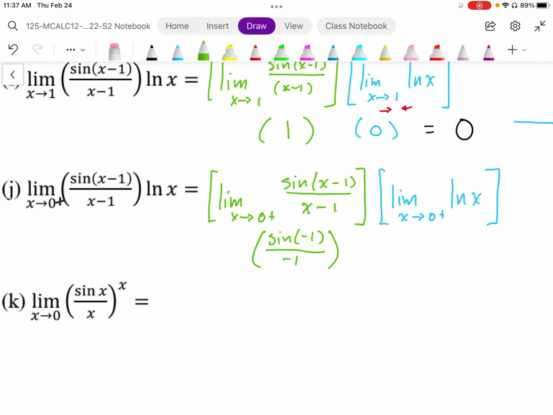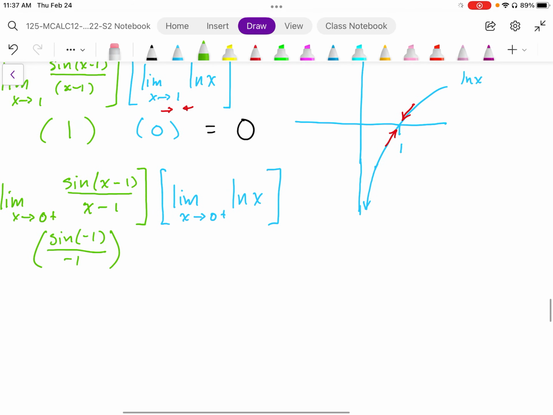But when we take the limit as x goes to 0 from the positive side of log x, we have to make sure that we're clear about what's happening here. We know that it's going from the positive side, so it's going this way, and so we're going down to negative infinity. So that value is going to be negative infinity.